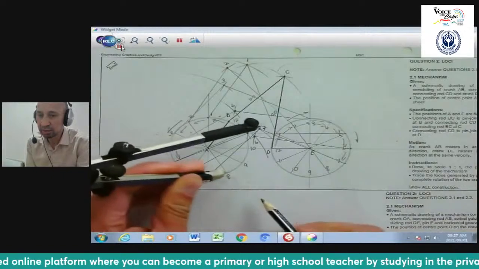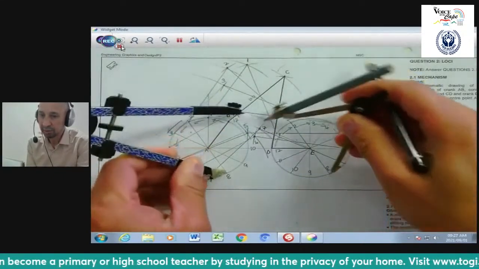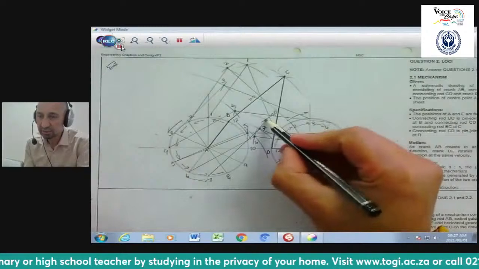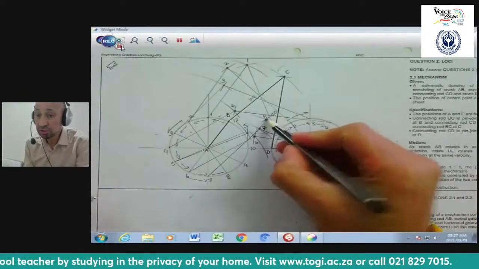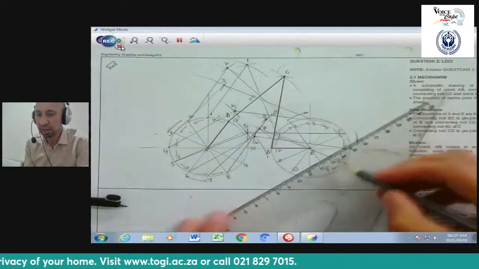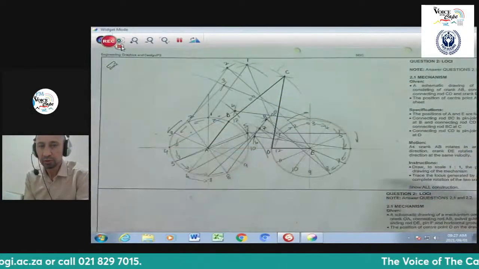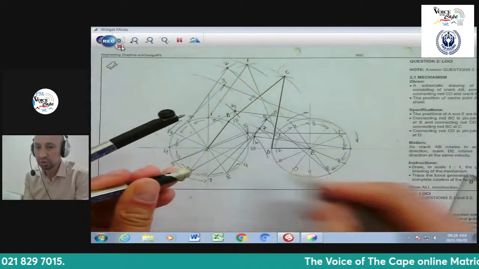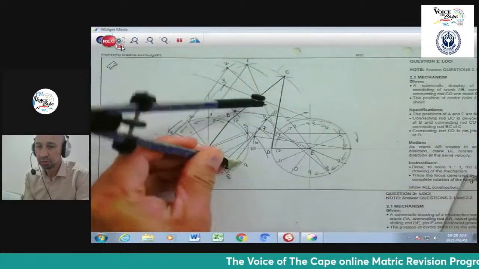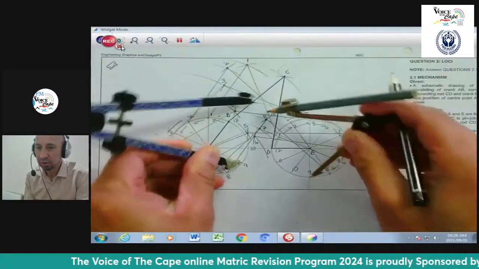Now I go to 8. 8 is there, and I move to 8 on the other side. And you got to just find where the arc is. And the 2 arcs cross, number 8. And then the imaginary movement lines, which I have from 8 to 8. And then what I'm going to do is go to number 9. And you will see that number 9 is going to move an arc right there.